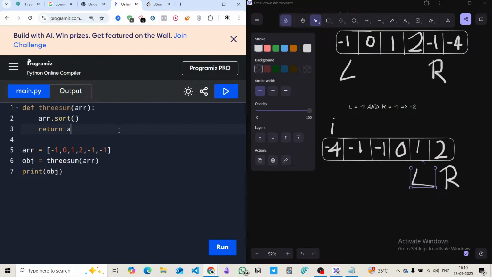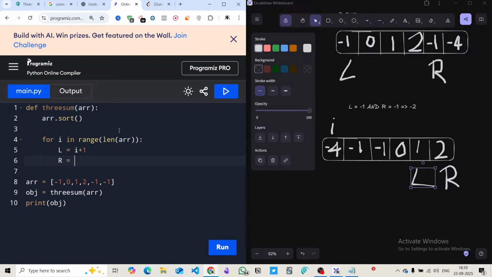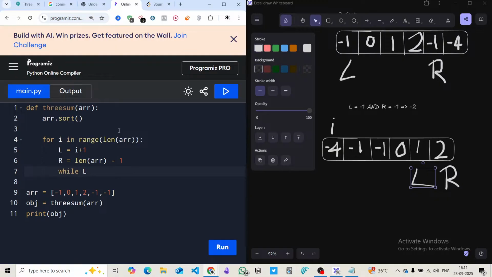What we need to do is, after sorting the array, for I in range of the length of the array, on the inside, L is equal to I plus 1, then R is equal to the last index, while L less than R.